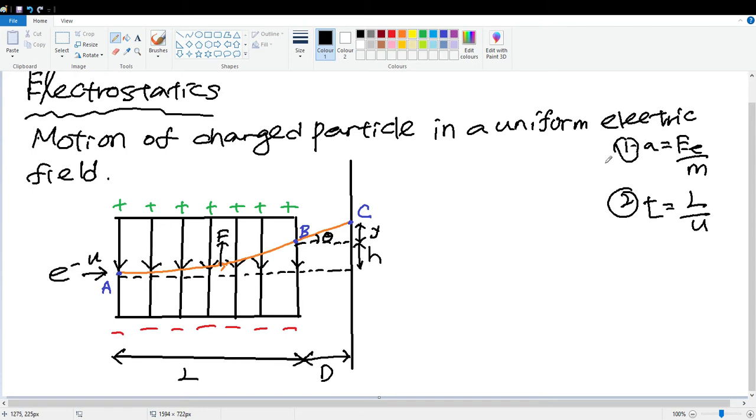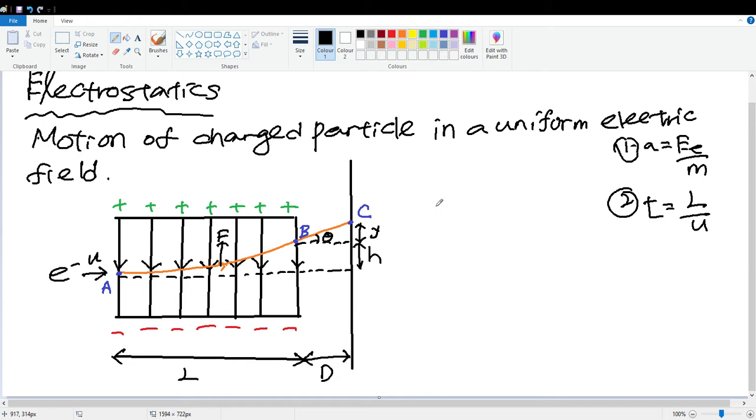I repeat again: the acceleration describes the electron inside the region of the electric field. The same goes for the time taken for the electrons to move from A to B. So this is the second information.